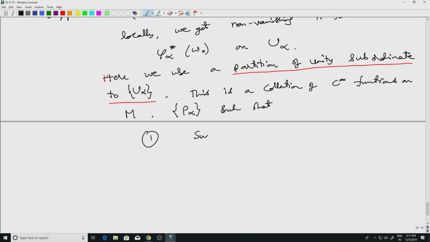the support of rho alpha is contained in U alpha.